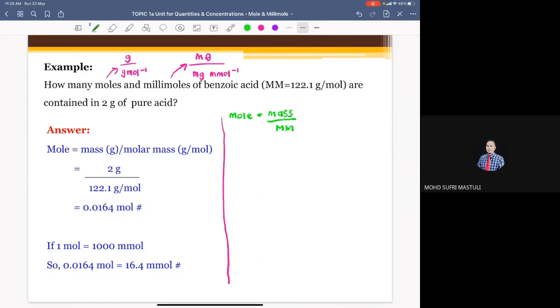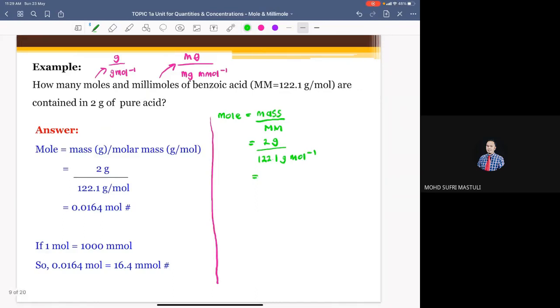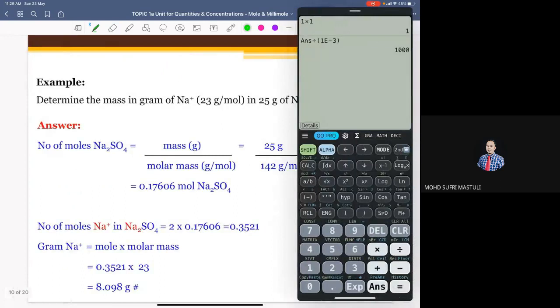Therefore, the moles is 2 gram over 122.1 gram per mole. So you can calculate this using your calculator.